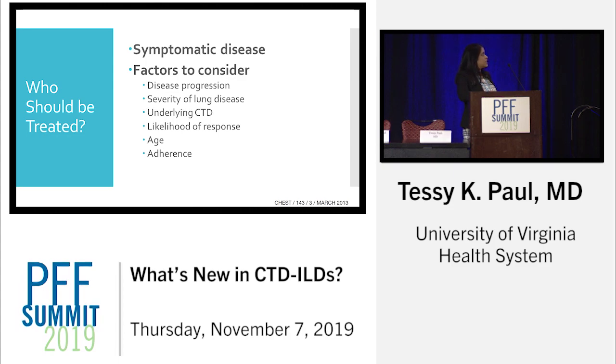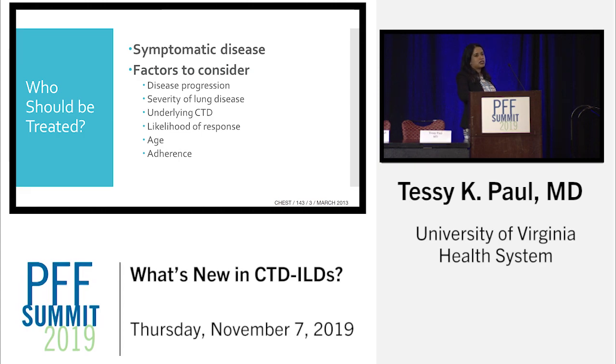So factors to consider when you treat them are whether their disease is progressing, what is the severity of their lung disease as opposed to their underlying connective tissue disease, and also think about the likelihood of response. In general, even though we may offer therapy to all comers in terms of CT patterns, UIP pattern might be less responsive to immunomodulatory therapies, and NSIP and OP might respond better to glucocorticoids or immunosuppression.